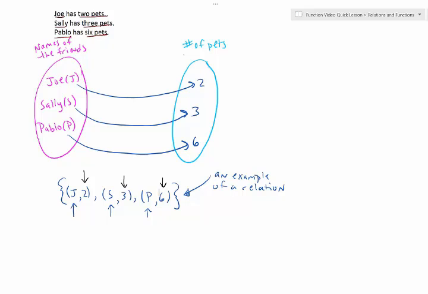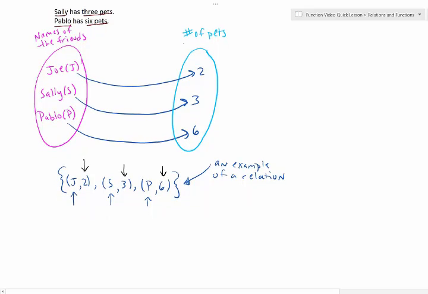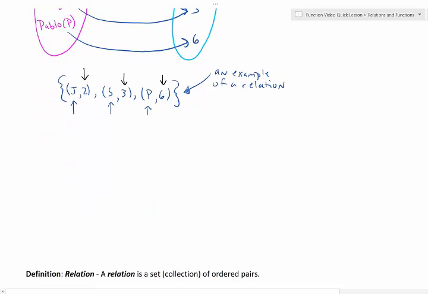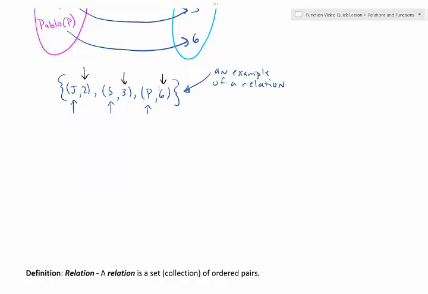You say, okay, that's great, nice. Specifically, what is a relation? A relation is a collection, as we say, a set of ordered pairs. It could be many ordered pairs, it could just be a couple things, it could be one thing. Any collection of ordered pairs is a relation.